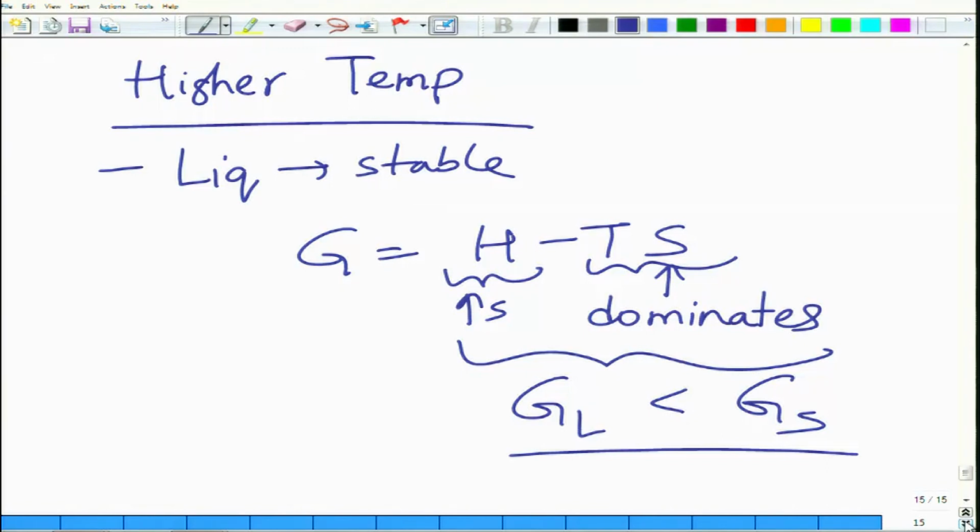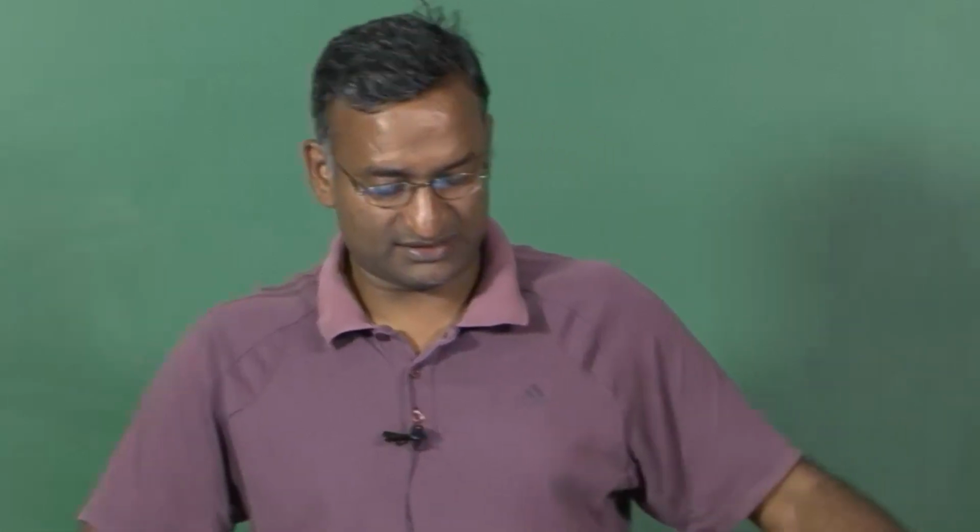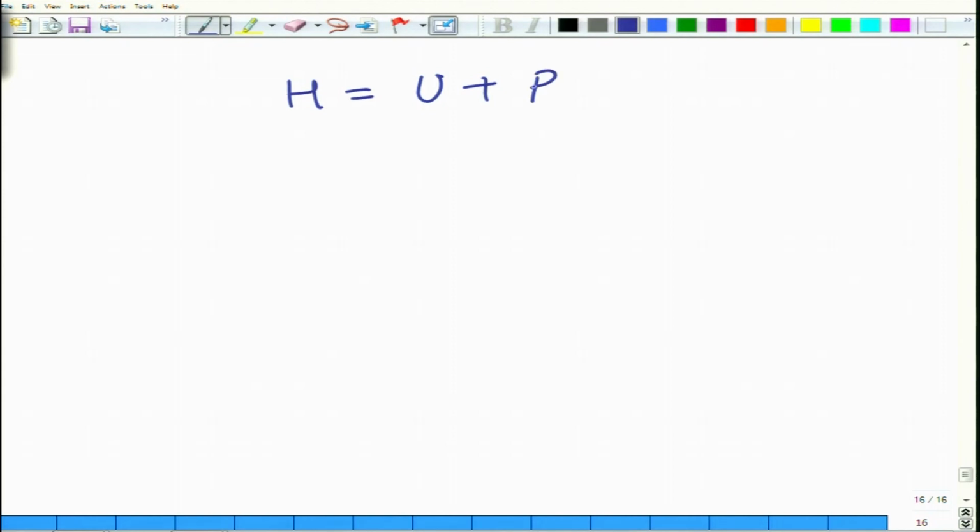Similarly, you have the pressure volume effect as well. As we said, generally pressure volume effects are not considered, but however, if they are present they have to be considered, and hence systems with smaller volumes are preferred as compared to systems with higher volumes because of lowering of the PV term. So, if you look at this, H is U plus PV. So, this volume term comes into the picture at a given pressure.